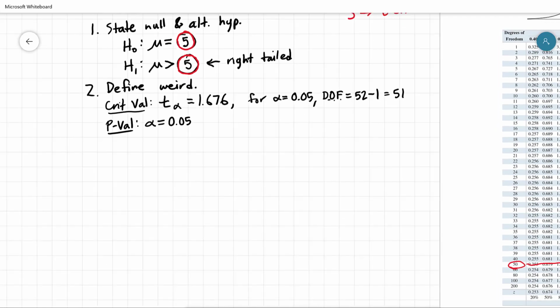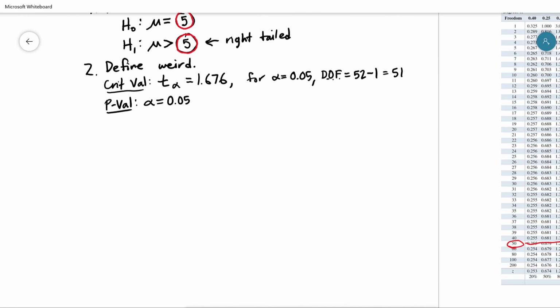Good enough. So here's the picture that we're dealing with, and I want you to get practice drawing this picture. Here's my distribution. It's the distribution of all the possible x bar values. And it looks something like this.